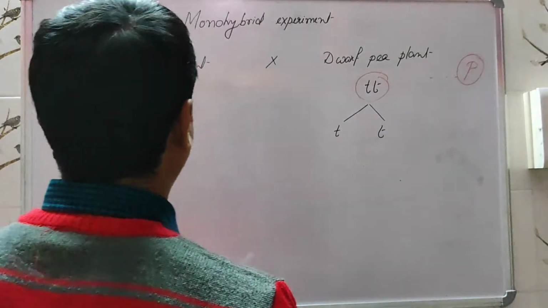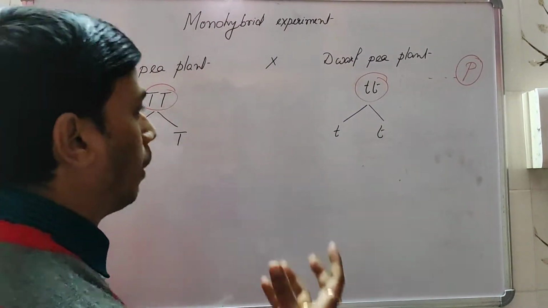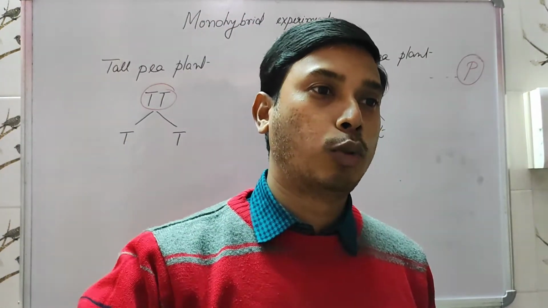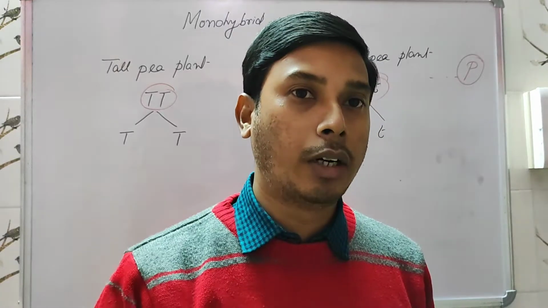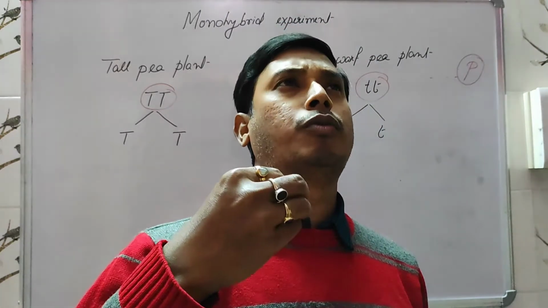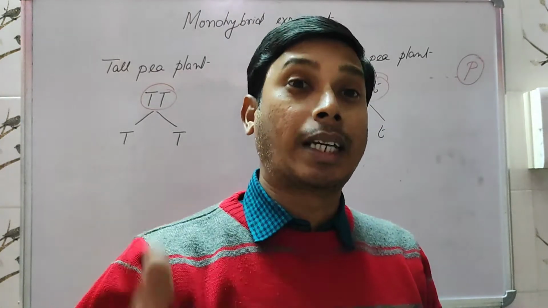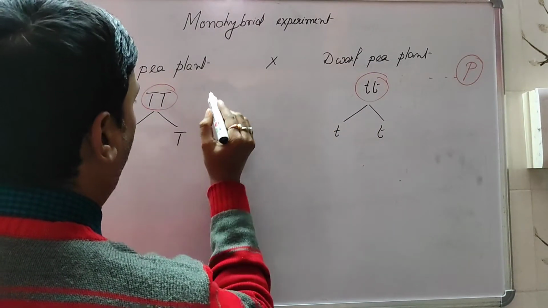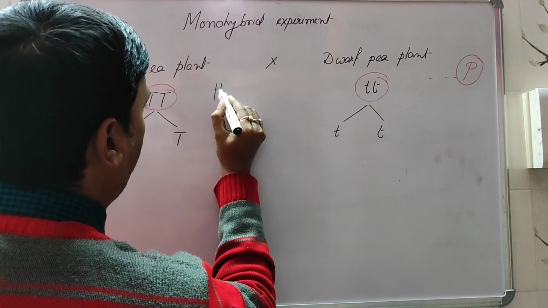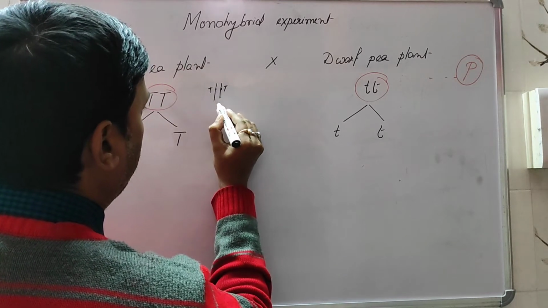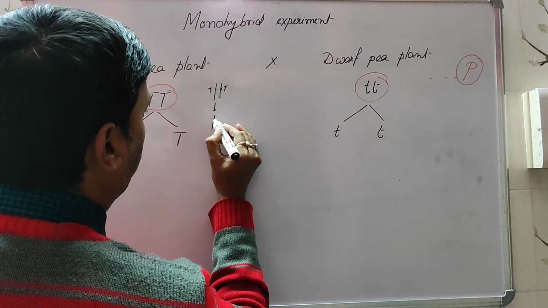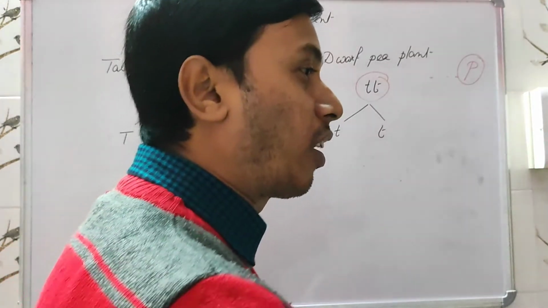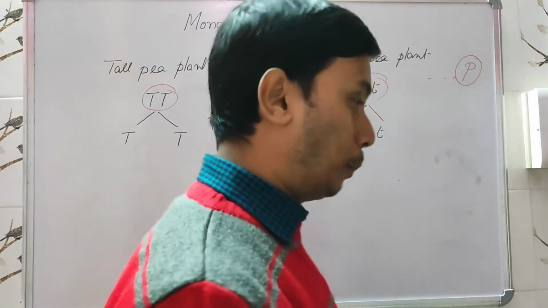And here we segregate the gametes. As you all know, during gamete formation, half the number of chromosomes is transmitted to the gametes. So capital T from this diploid form, a single set of chromosomes, is transferred to the gametes.